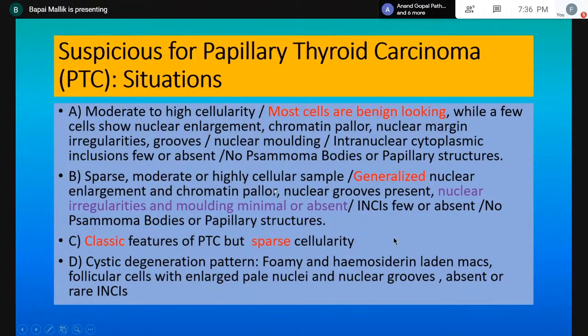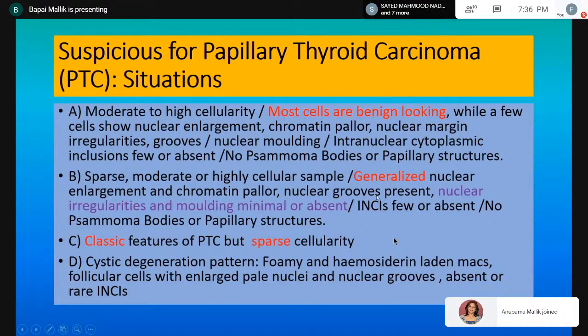In the second situation, most of the cells have some kind of an abnormality, but these are not going to show too many nuclear irregularities, and nuclear molding is going to be minimal or absent. Otherwise, you are going to have chromatin pallor, some degree of nuclear enlargement, and some amount of nuclear grooves.